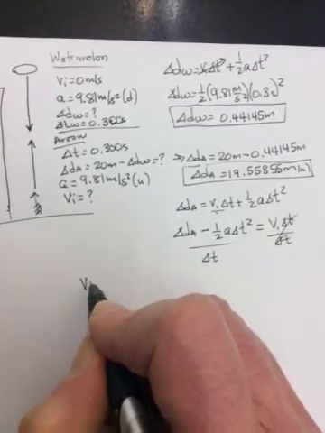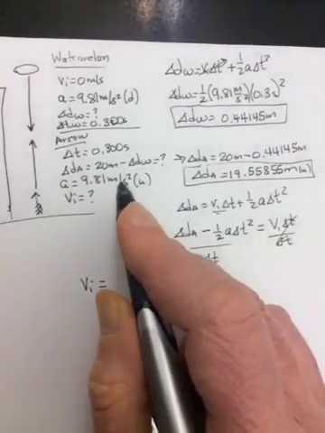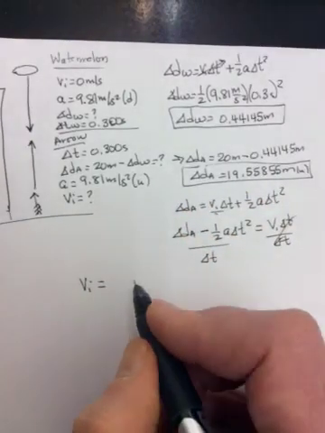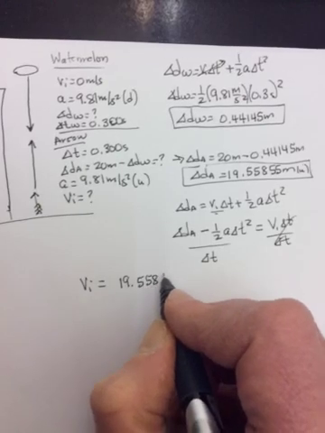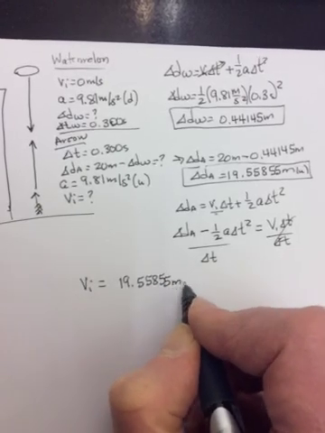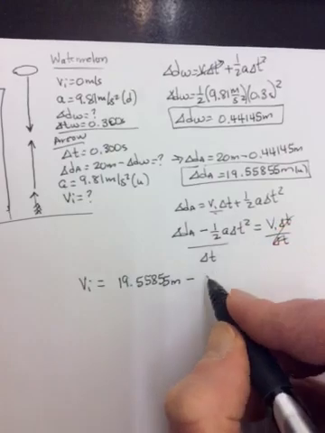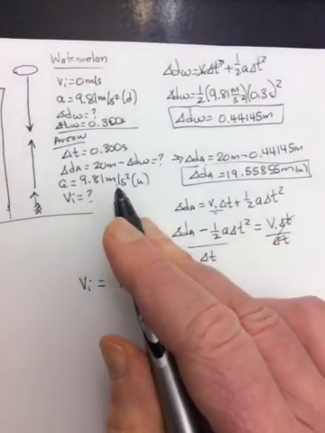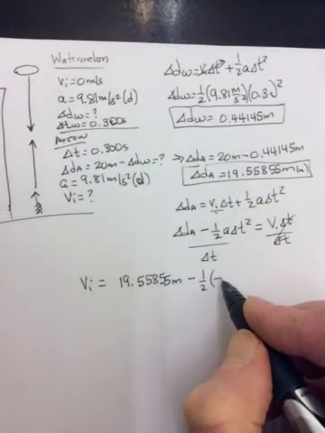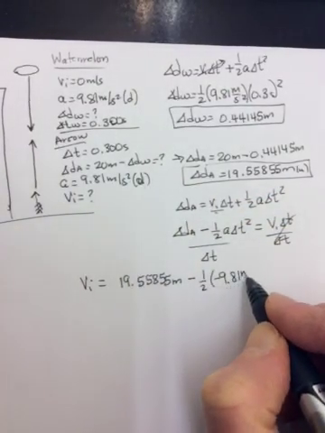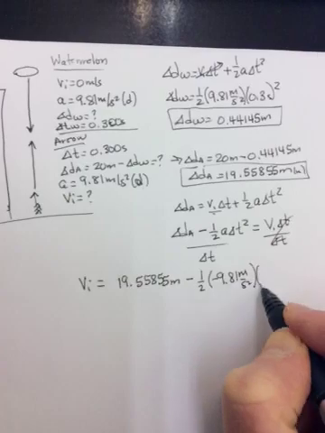Okay, so VI equals delta D of the arrow, and it's going up, is 19.55855 meters minus 1/2 A. A is not going up, going down, negative 9.81 meters per second squared.